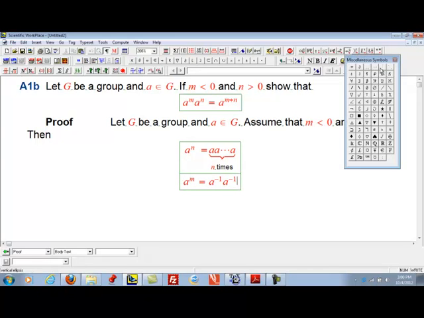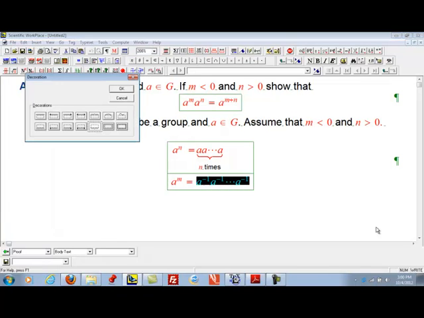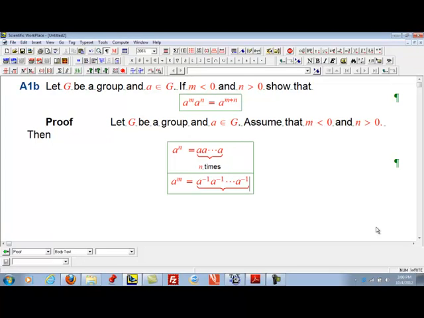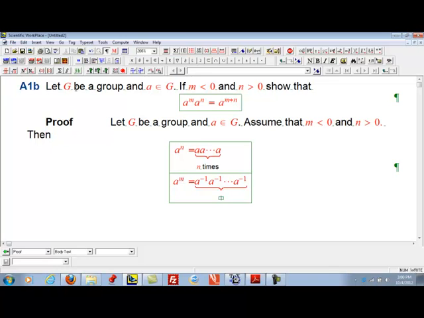The only thing we're allowed to know is that if it has a negative power, it's the inverses that you're multiplying together. And how many times is this happening? In fact, let's call it the absolute value of m. It has to be a positive amount, or the negative of m, negative m times.